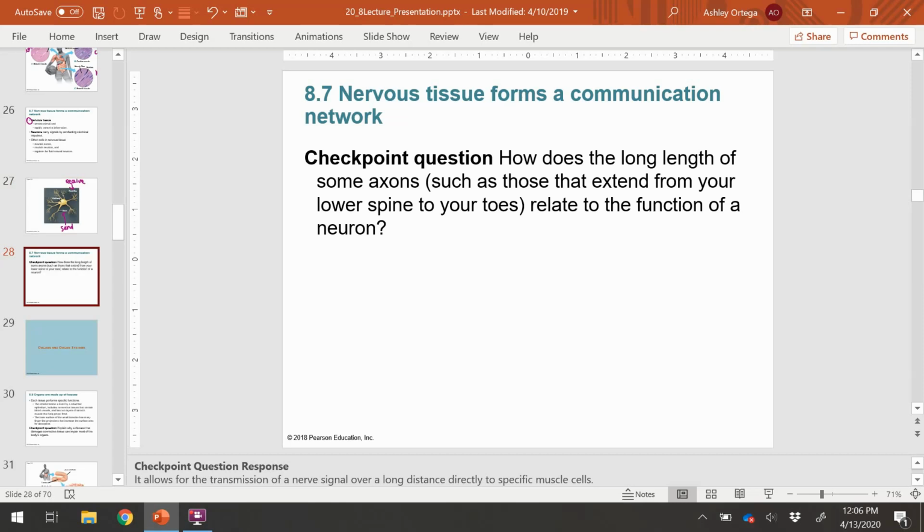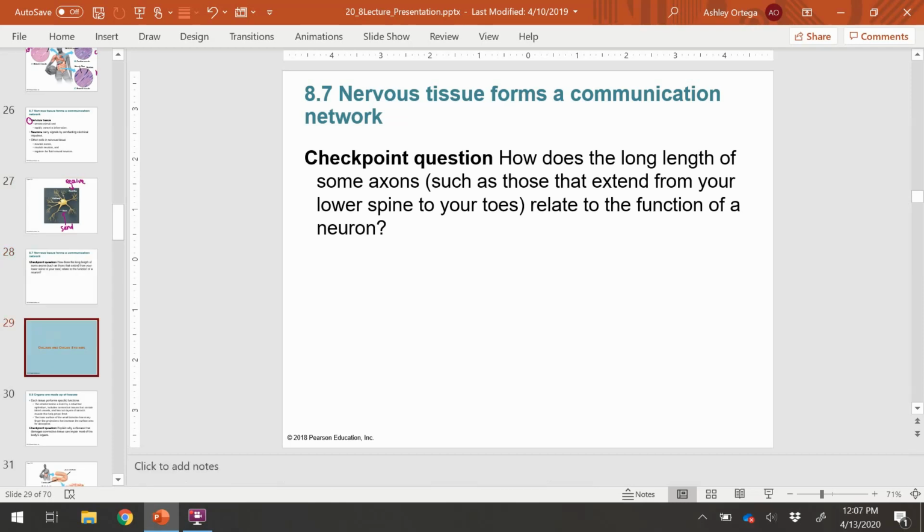And so it's not like our hormone system where it goes throughout the whole entire circulatory fluid and then to the whole body. It will just transmit directly from one cell to another cell based on its location.